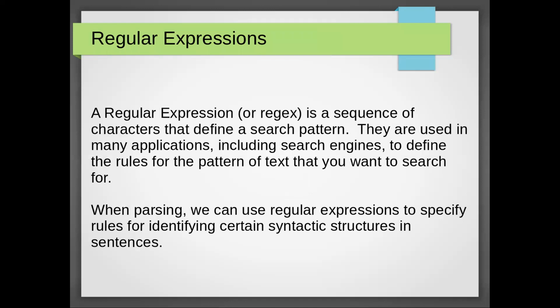We also talked a little bit about regular expressions, or regex. These are basically sequences of characters that define search patterns, which are commonly used in things like search engines, etc. And they basically describe a pattern of things that you want to search for.